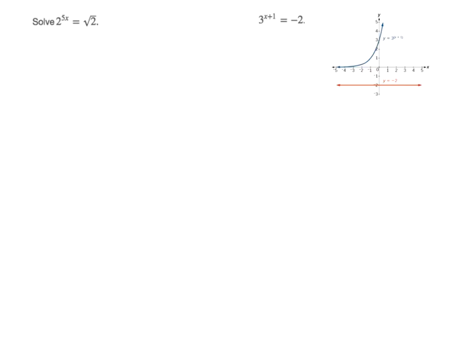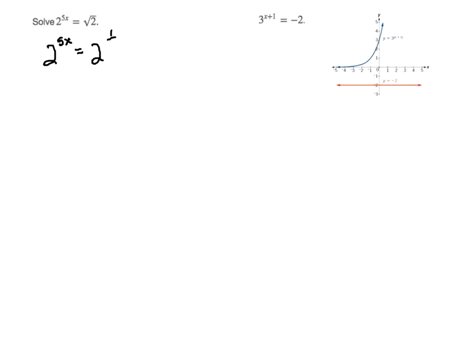Okay, another couple of problems here. So we have 2 raised to the 5x power equals the square root of 2. Well, I want to get this into an exponential expression.